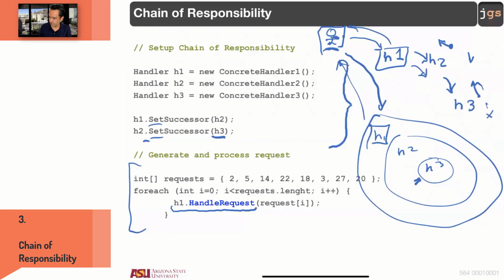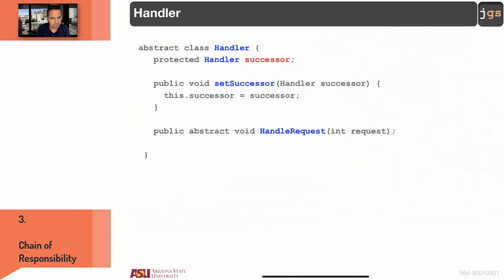Source code. The only source code that we need is this one. The handlers. Remember the class diagram? Do you remember that we need a parent? A parent for the full family. As usual, the parent, we do not want that parent to create objects.